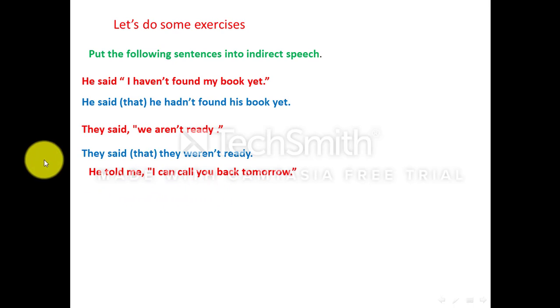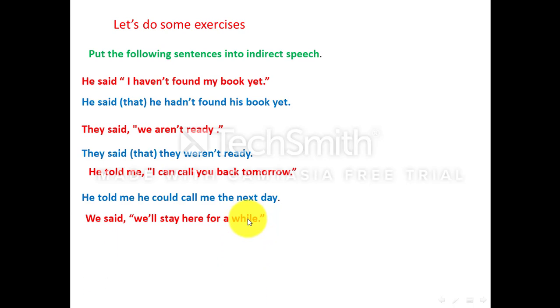He told me, "I can call you back tomorrow." Look here, my dear students, we have the time marker tomorrow, and the pronoun and the modal verb can. So it will be: he told me, I changes to he, and can changes to could, call, and instead of you, me, and tomorrow will change to the next day.